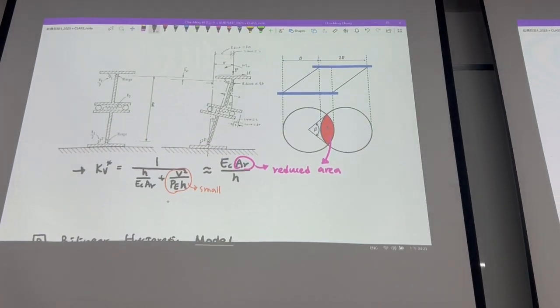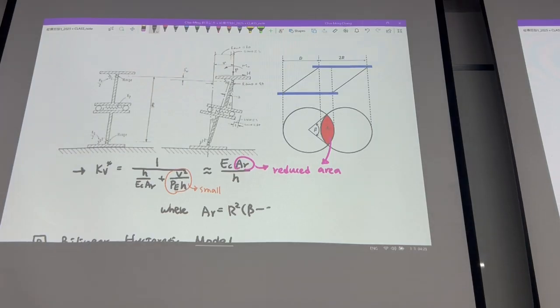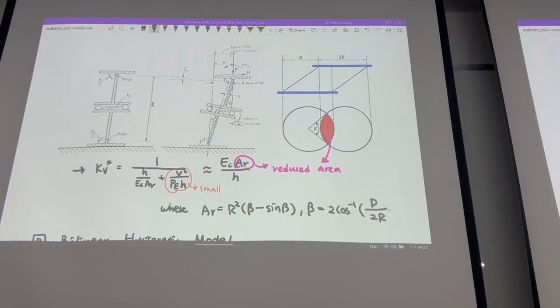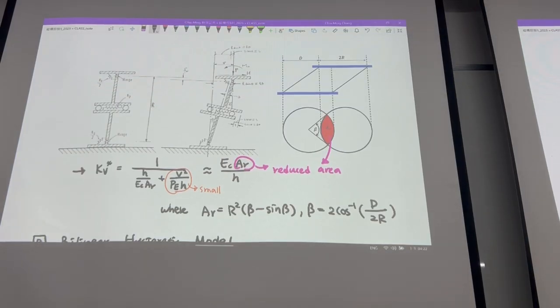So for the round shape, this AR is related to the lateral displacement divided by 2R, the diameter.